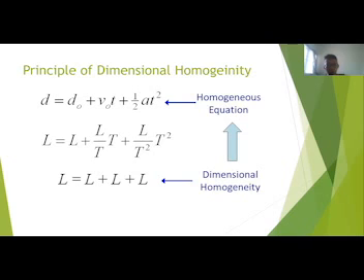We will ignore the 1 over 2 as the number is not important. It's not included in calculations of dimensions. And also the last one is T squared, which is a capital T squared. So after cancelling the T and T squared, we'll be getting length equals to length plus length plus length. So as we can see, we have the same unit at the left side and the right side.